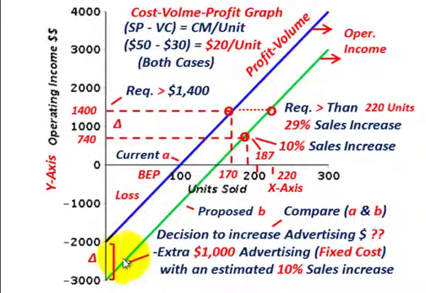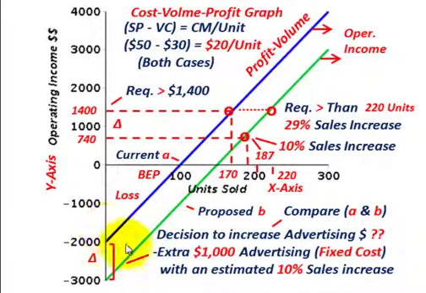Now we have to look at our proposal. So remember, this is where we have to add an extra $1,000 to the fixed cost. We're sitting at $2,000 currently, but because we're going to spend the extra $1,000 in advertising, our fixed cost now becomes $3,000. So looking at our proposal, our profit volume line, where would our operating income be at zero?